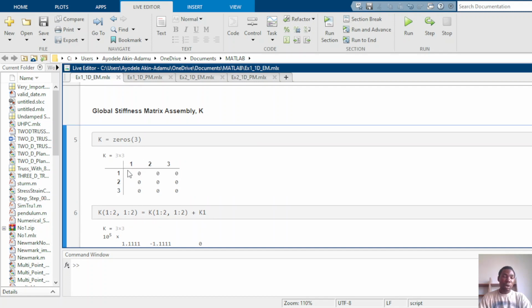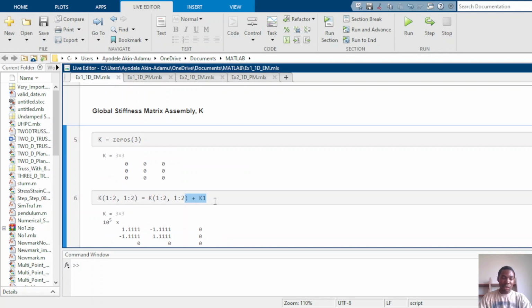I want to add it between position 1 and 2 along the row and position 1 and 2 along the column. At this position, at this position, at this position, at this position. Because element 1 is located between node 1 and node 2. So I want to add my K1 in this position. This is done using this simple MATLAB line of code.